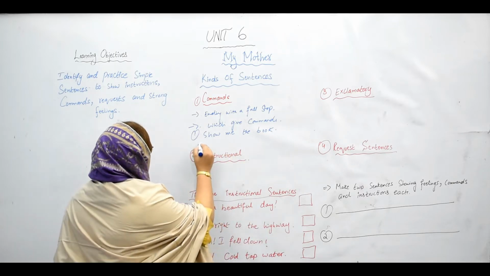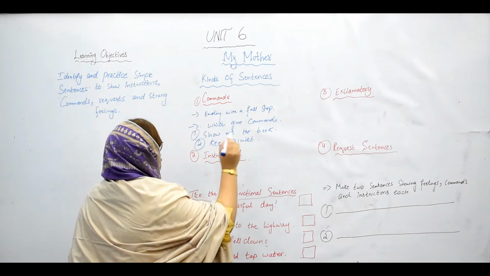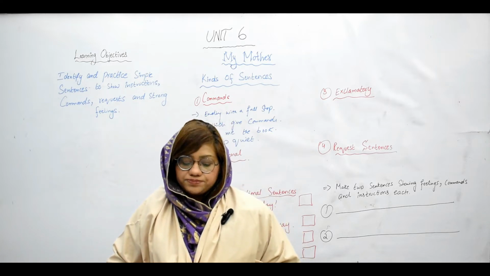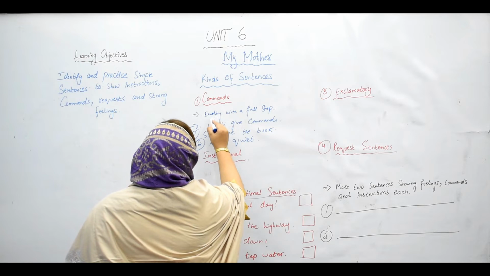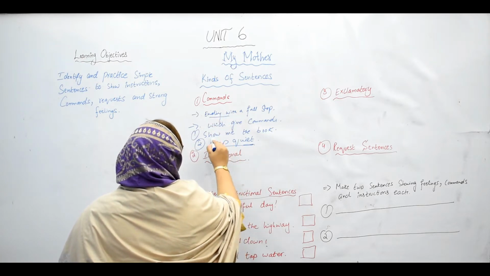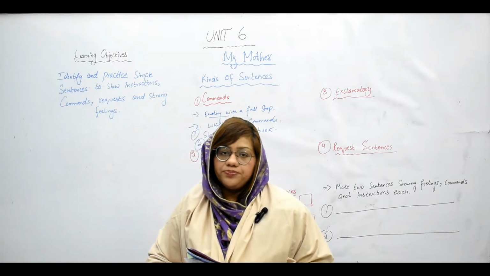Keep quiet. Students, these sentences show command. They begin with the base form of the verb. Keep quiet, this is the base form of the verb. Show me. These are the base forms of the verb.